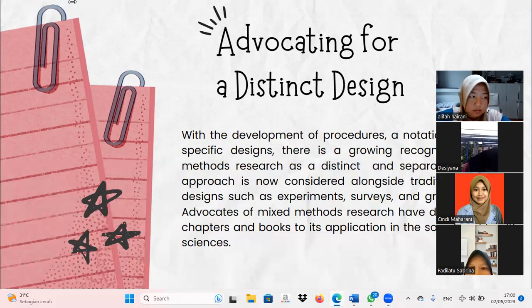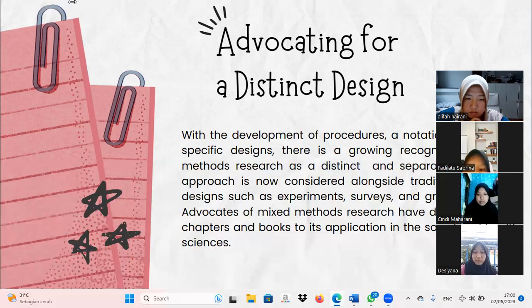I will explain about advocating for a distinct design. With the development of procedures, a notation system, and specific designs, there is a growing recognition of mixed method research as a distinct and separate design. This approach is now considered alongside traditional research designs, such as experiment, survey, and grounded theory.